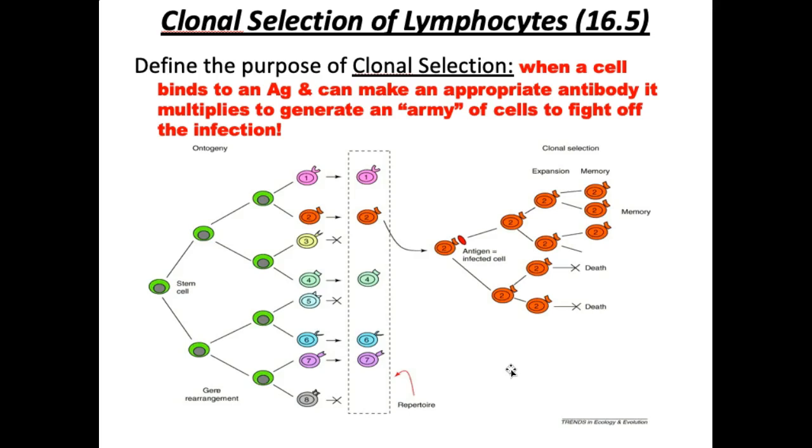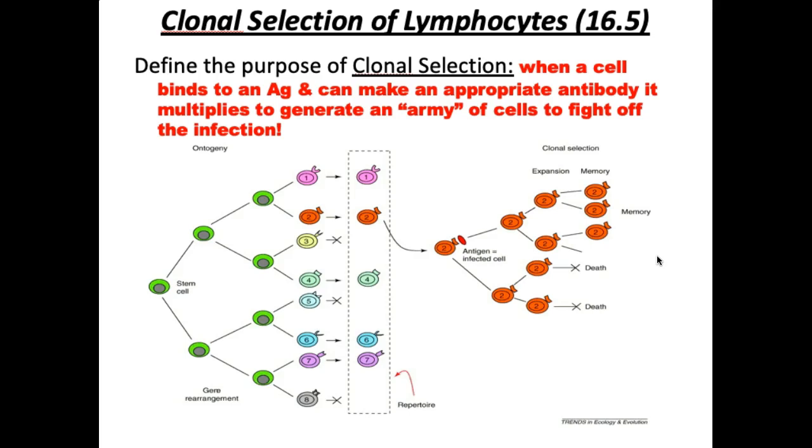So instead of maintaining all of them in your immune system for your entire life, some of them die. After the infection is gone, some of them literally die off, and those that remain are the ones that become the memory cells. So that way the memory cells can carry out that secondary response, and it doesn't take up all of your nutrients.